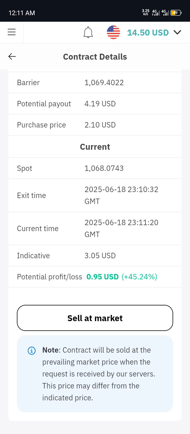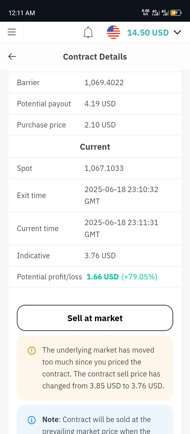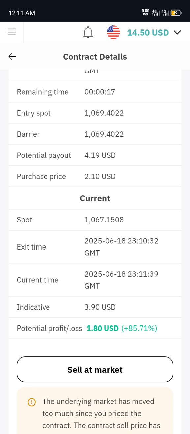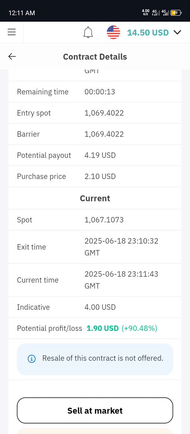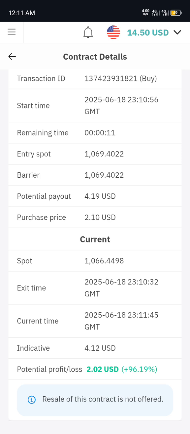I might take profit if I see $1.50 or $1.60. I'll close the trade. I've seen something good, but the network is not allowing me to close the trade, and it's beyond my control now, so I wait till it finishes.